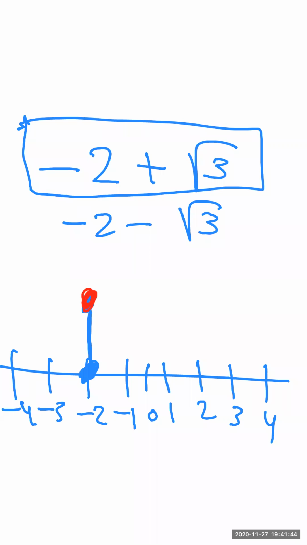Now, -2 plus square root of 3 means the positive direction, so to the positive side. Okay? Negative means on the negative side.